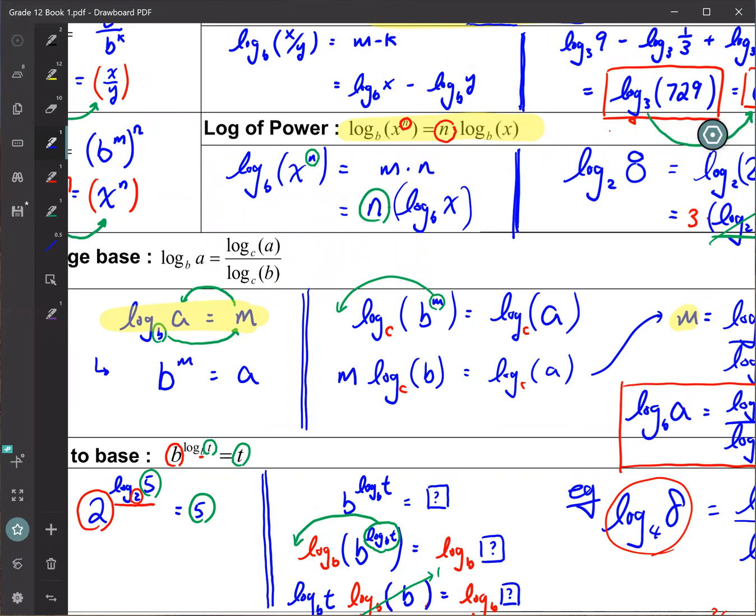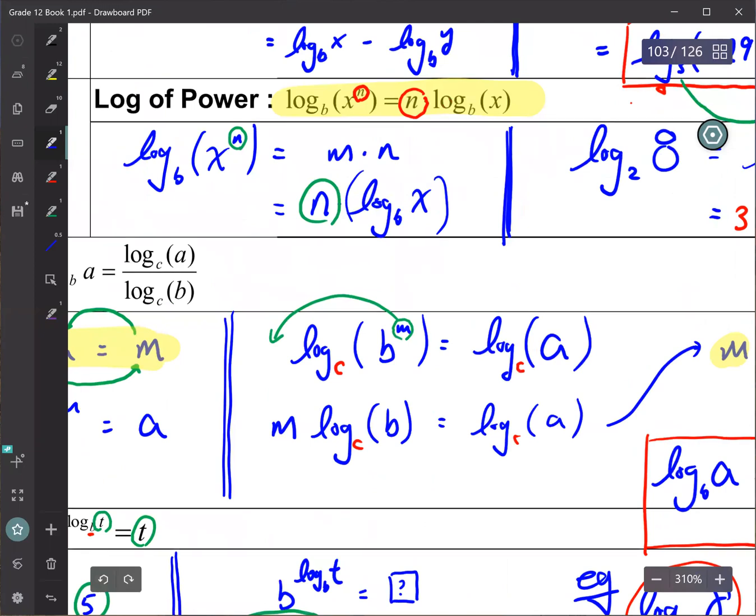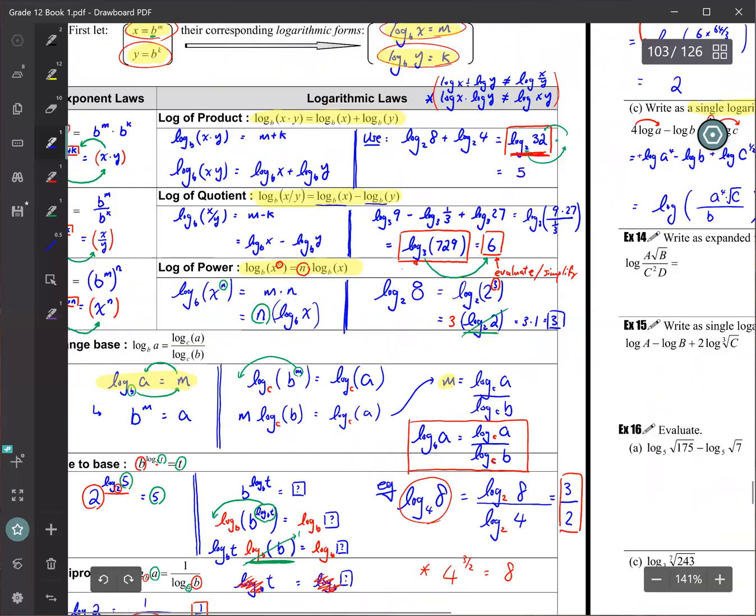You bring it onto the other side of log. You bring it to the exponent, right? Do you see the n? And if it was in the exponent, you can bring it to the front. So if it's at the front, you can bring it back to the exponent. Make sense? Yeah.